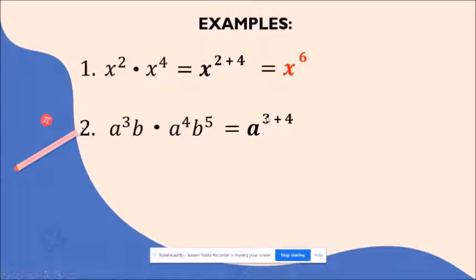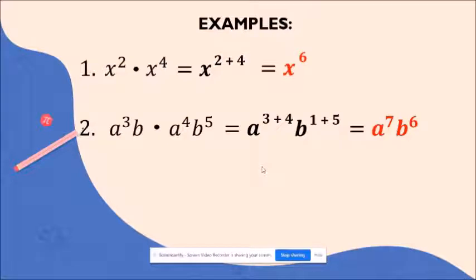After that, focus on the second variable, which is b, and add their exponents, 1 and 5. So you just have to simplify it. The final answer would be a to the power of 7, add 3 and 4, and add 1 and 5, b to the power of 6. And that is how you do it.